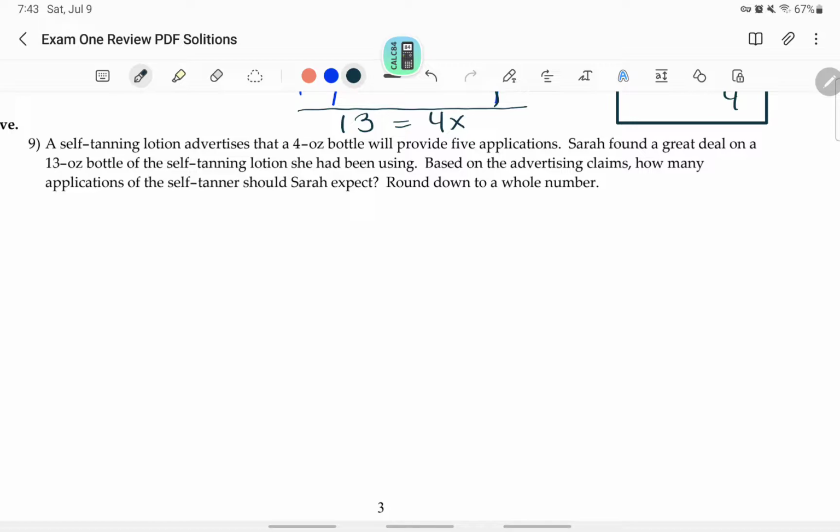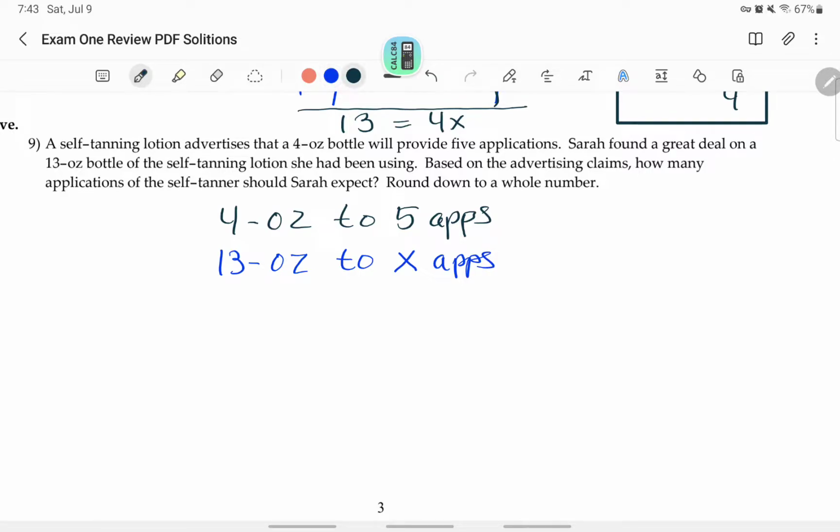Round down to a whole number. All right. Ratio. A 4-ounce bottle, comparing that to 5 applications. She buys a 13-ounce bottle. And based on the advertisement, we're comparing that to x number of applications.